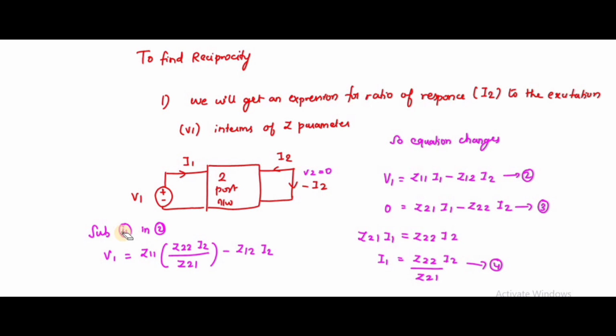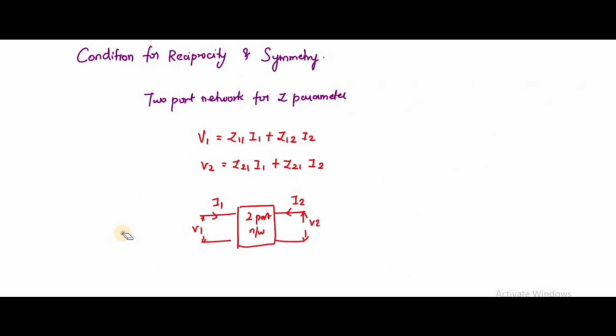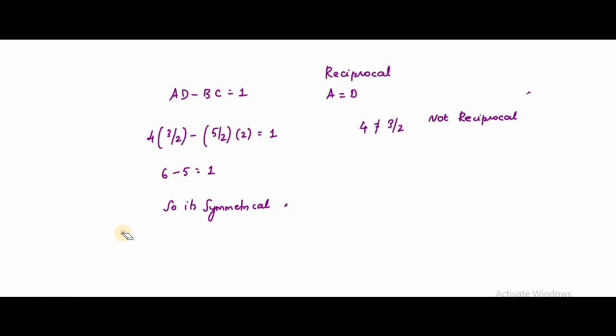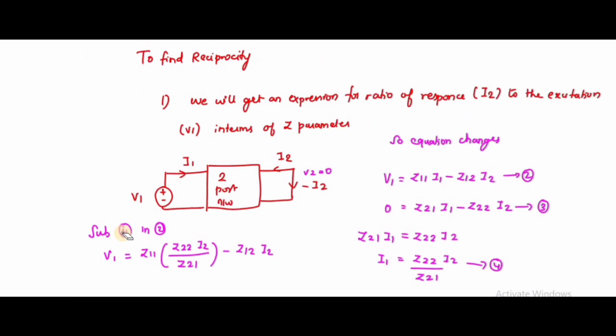Here you can see del Z, where del Z is equal to Z11 Z22 minus Z12 Z21. So that is your del Z.